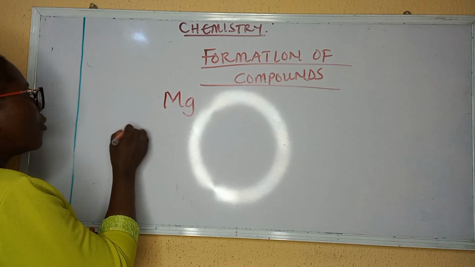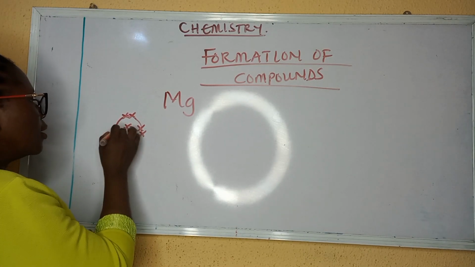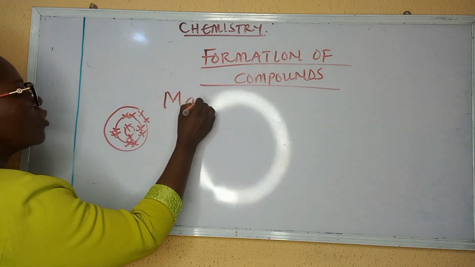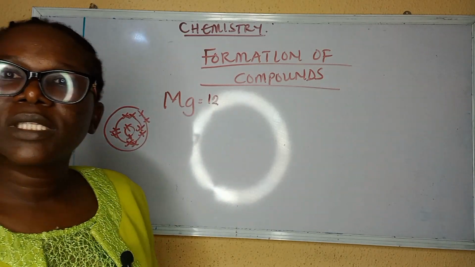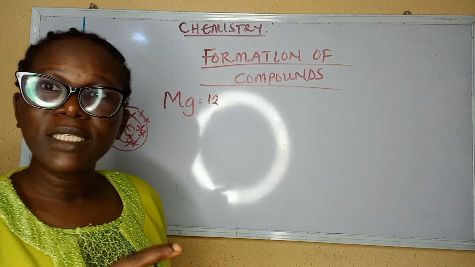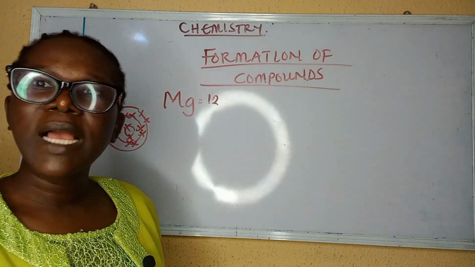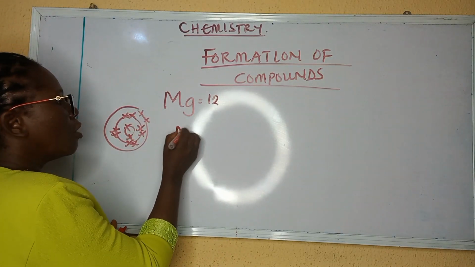The first shell takes 2, the second shell takes 8, the third shell takes 2. Magnesium cannot gain 6 more, because the next shell is supposed to be 8, but it can give out 2 easily. It's easier giving out 2. So such elements become positively charged.